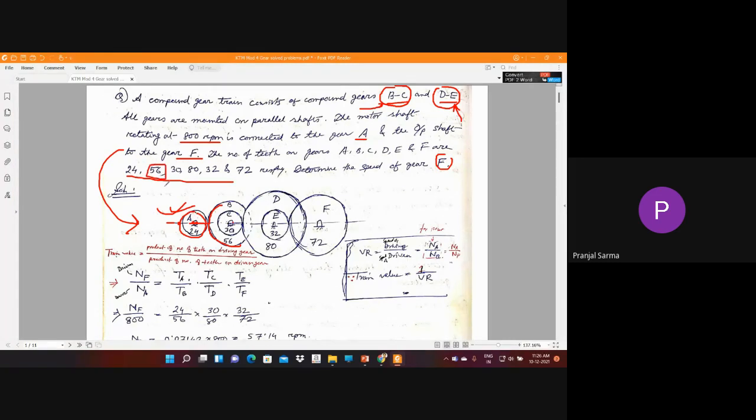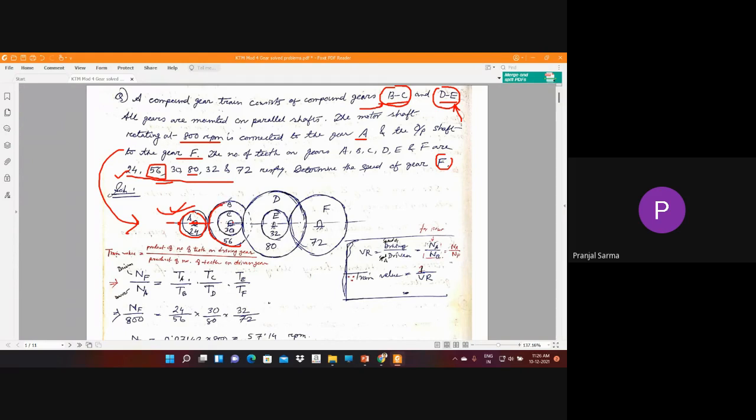So you can automatically understand 24 teeth is the smallest size, and 80 is definitely the bigger, and these are intermediate. We don't have to draw it exactly to scale, but at least in the picture it should look like this is smaller, this is bigger. At least that much understanding we must have.